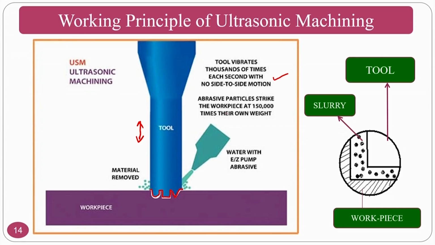The abrasive particle strikes the workpiece at 1.5 lakh times its own weight. That means the kinetic energy it gains will have an impact on the workpiece, and the workpiece removes material in the form of brittle fragments. Normally the slurry, water along with the abrasive particles, is fed here.